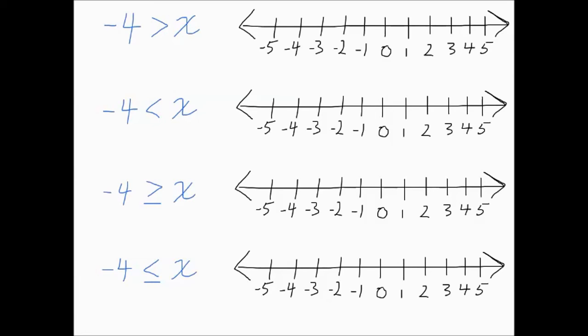In this case, we can see that x is less than, since it is on the side with the point, it is less than -4.